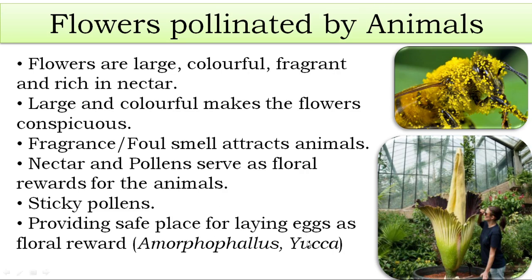So the yucca flower and the moth are entirely dependent upon each other to complete their life cycle. So you have to remember these names: Amorphophallus, which provides a safe egg laying spot for the pollinators, and the mutualism between yucca and a moth, which are both dependent upon each other to complete their life cycle.